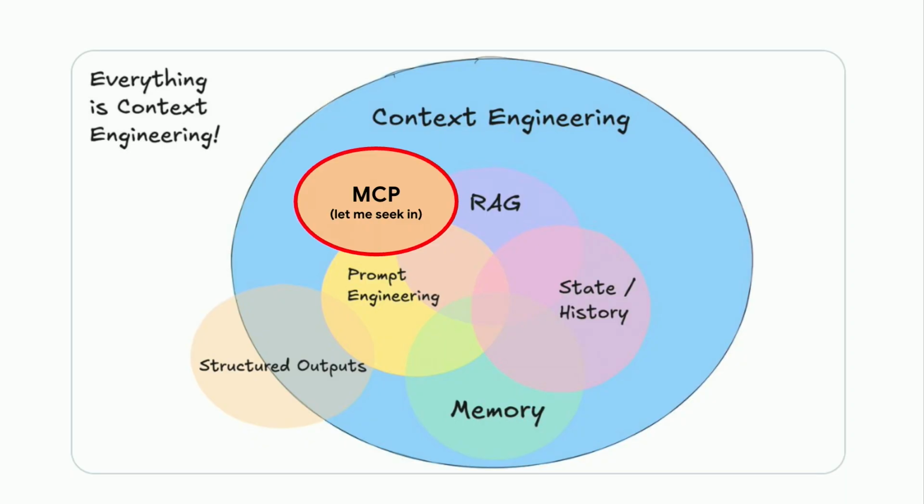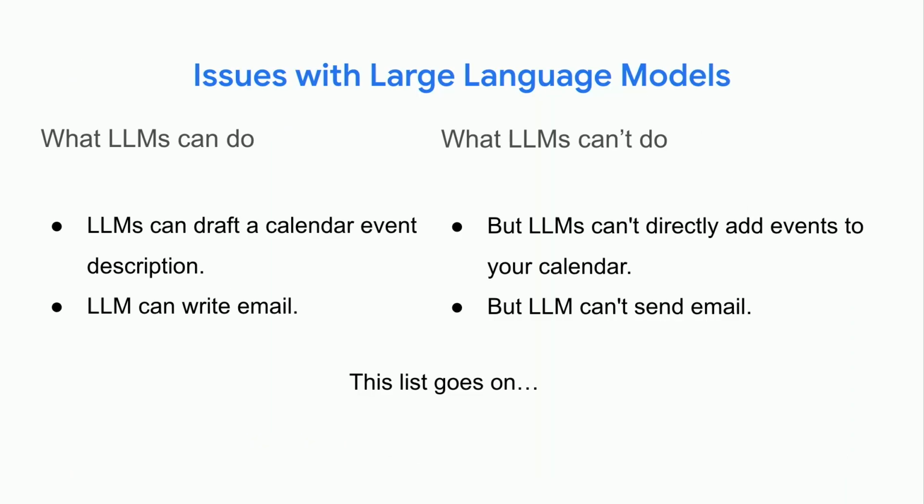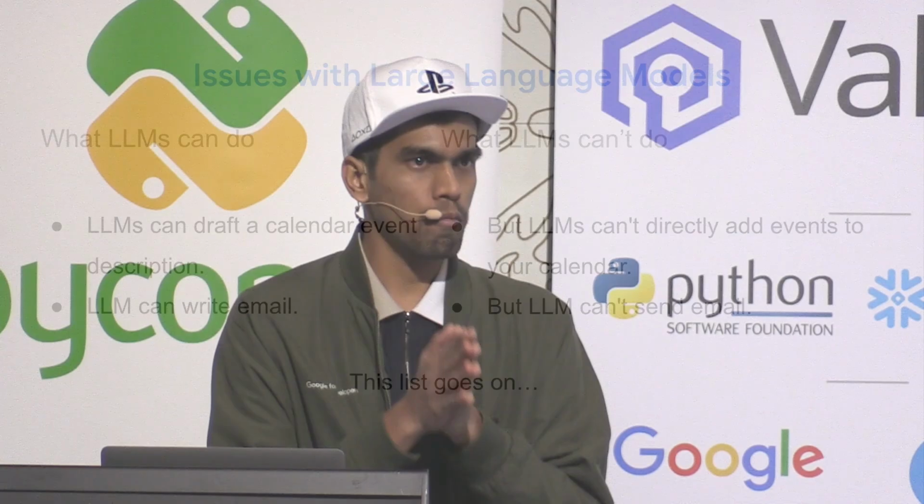So what are these problems that we are talking about? Let's take a moment and understand what large language models can do. Large language models can help you write good emails, but can they send an email automatically once you think, OK, this is a good email, can you send it across? Will it take the action? Yes or no? No, right? So LLMs are good at static response generation.